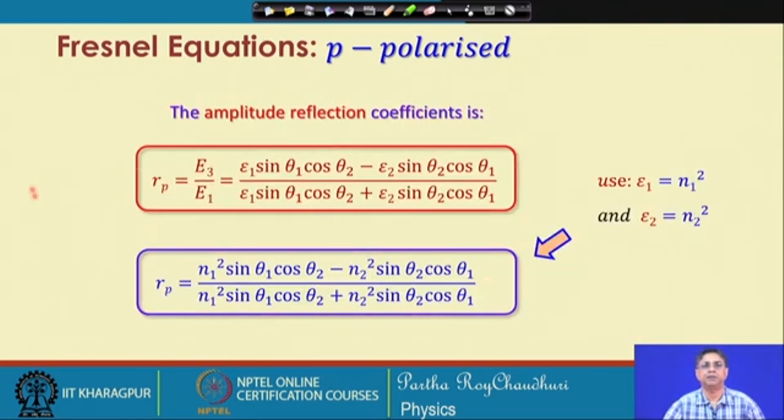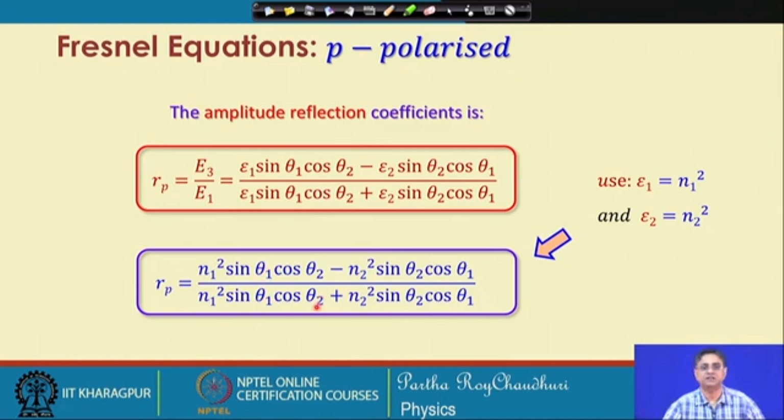Okay. So, this amplitude reflection coefficient, now we have seen that this equation, and we have also seen that we have used epsilon 1 equal to N1 square, epsilon 2 equal to N2 square, and we have got this form, which is now the amplitude reflection coefficient in terms of the concerned refractive indices and the angles of incidence and angles of refraction.